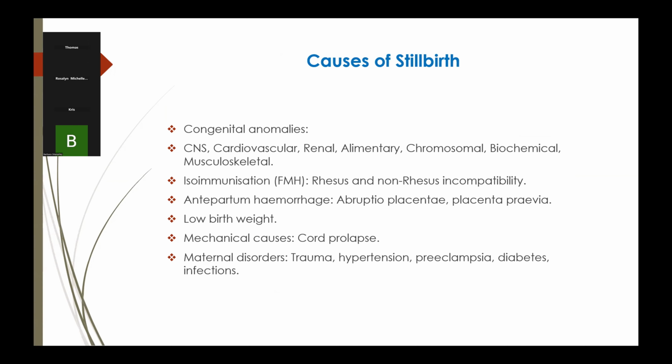The most common ones associated with fetal death from fetal causes are birth anomalies, or what we call congenital anomalies, which could include anomalies of the heart or cardiovascular system, renal anomalies, chromosomal anomalies, musculoskeletal anomalies, and deformities of the CNS or neural system. We also have fetal-maternal hemorrhage and isoimmunization, and here we're talking of the rhesus factor, where the mother is Rh negative.